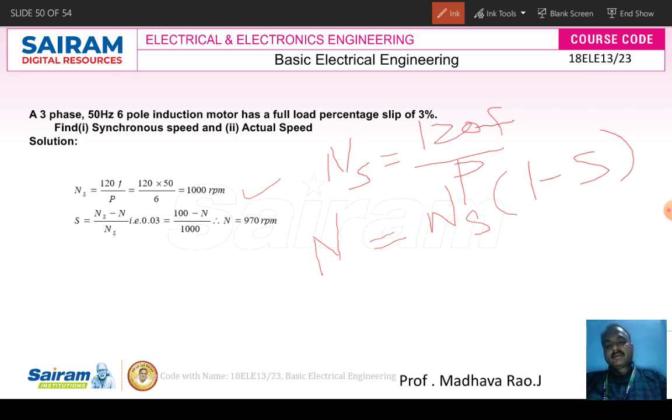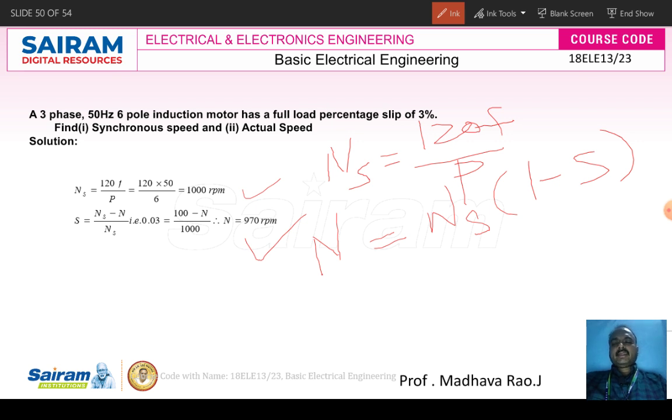So what will you get? 970 RPM. This is about the induction motor's synchronous speed and actual speed. Synchronous speed should be 1000, but the actual speed of the induction motor is 970.